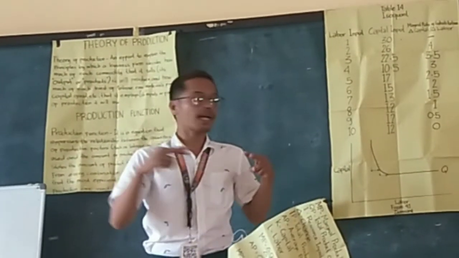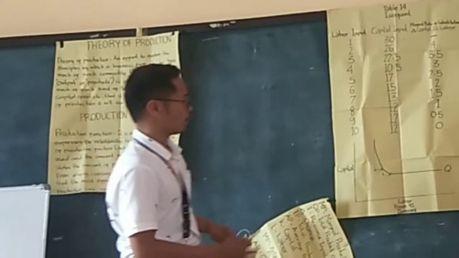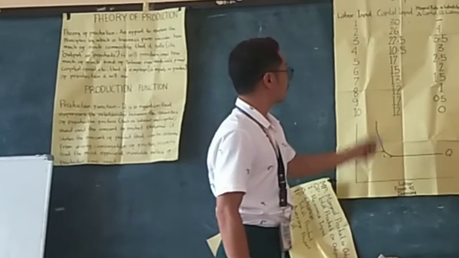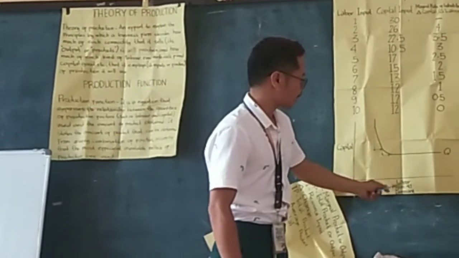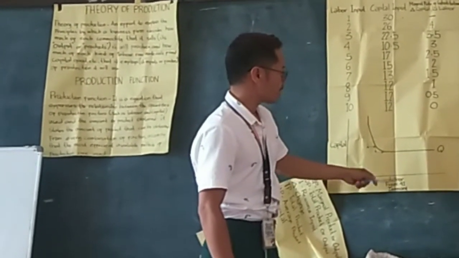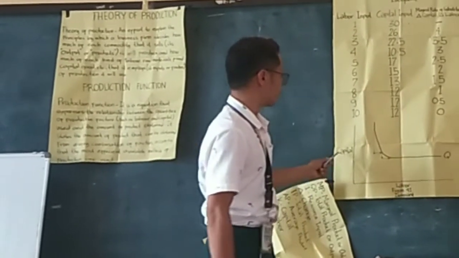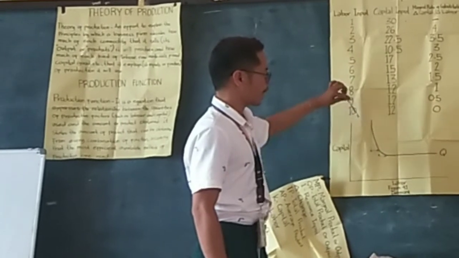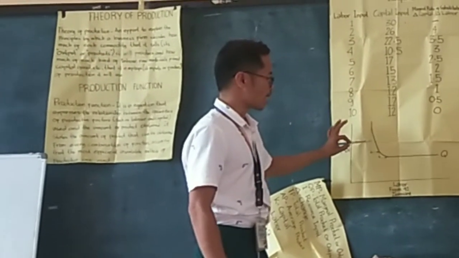In other words, nagkatugma po siya. Okay? If we compare that to isoquant 1, sa labor sa figure 21, the isoquant 1, which is the quantity versus the capital. So, same, pa-downward, and pa-constant lang siya.